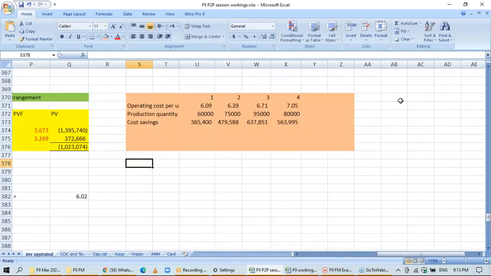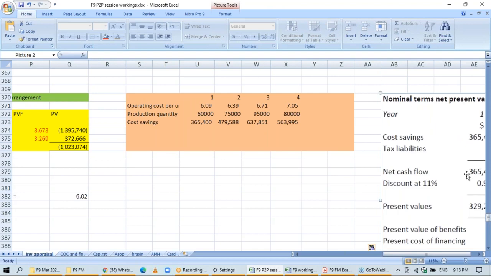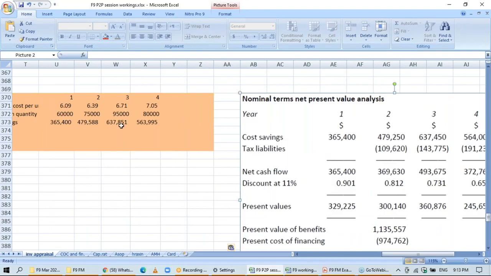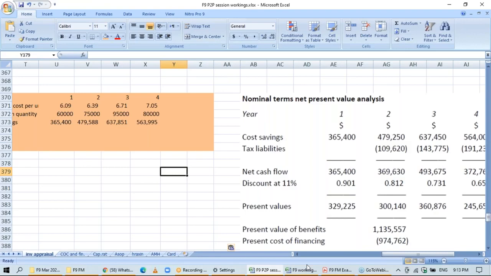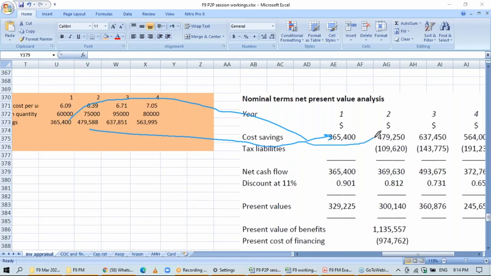Okay, there you go. So now I have already made this working. So you can see I have picked the figures from here. Now 365,400 have been taken over here. And due to rounding off, there is a bit of difference over here in the working.